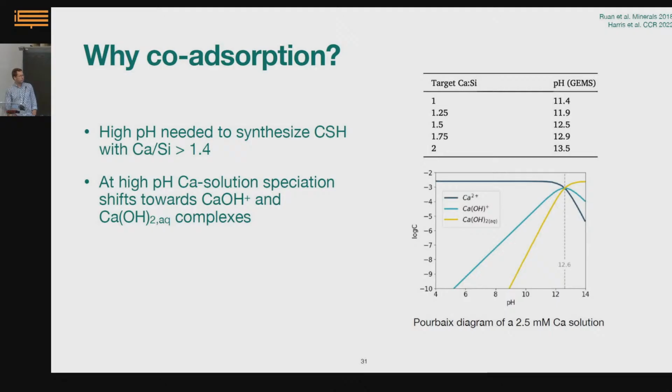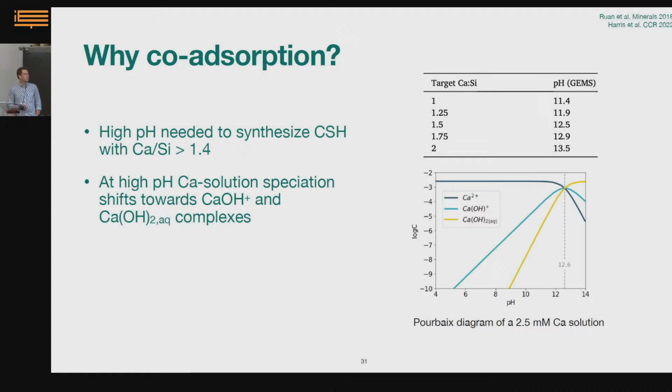But why co-adsorption? Maybe it makes sense, maybe it doesn't. To us, it makes sense because to synthesize CSH, you're at high pHs. In our setup, if I don't have a pH of 12.7, I will get a globule. So I need 12.7 to immediately precipitate a nanofoil.